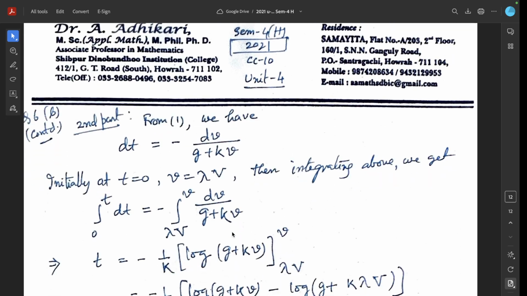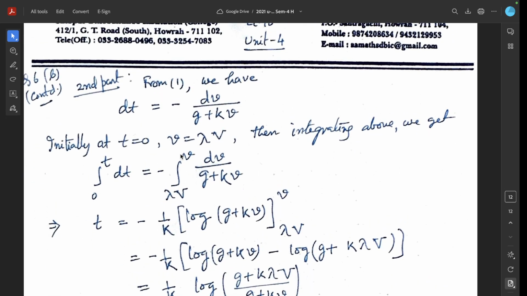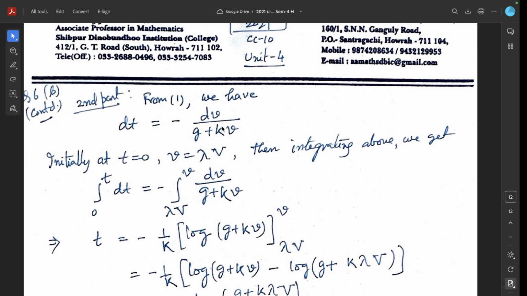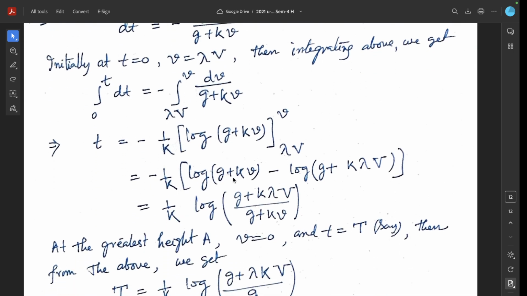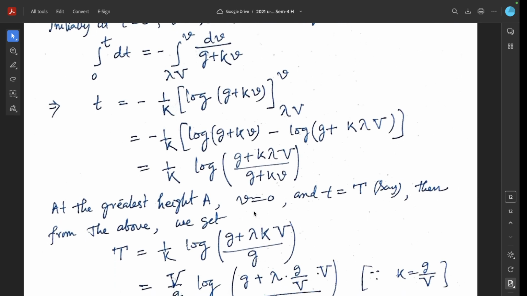And the second part is the time. From equation 1 we get dt equal to minus dv by g plus kv. Initially t equals 0, v equals lambda V. So integrating with limits 0 to t and lambda V to v, after simplification, t equals this.